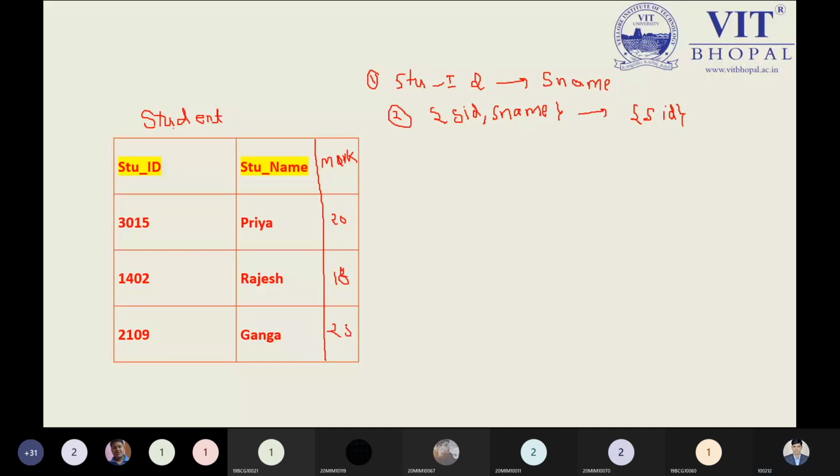So if I'm writing here student ID determinant to student name, that is the first case we have to keep in mind. This is a third example I'm writing over here. Student ID determinant to the student name. That is the point you have to keep in mind.